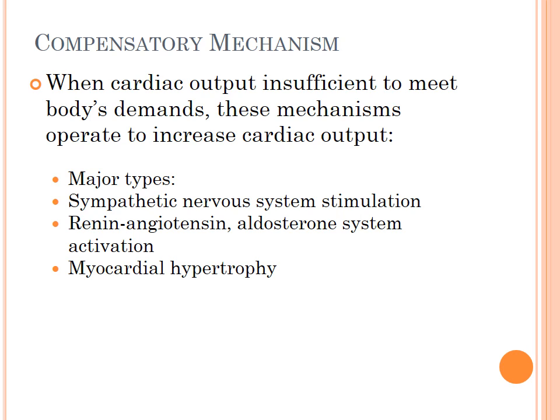So it's going to increase systemic vascular resistance and increase the blood pressure, because that's what vasoconstricting does. But also, sad face, it increases the workload of the heart. Okay. And it's going to end up decreasing cardiac output for the patient who has heart failure.